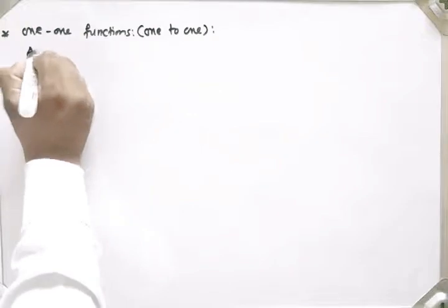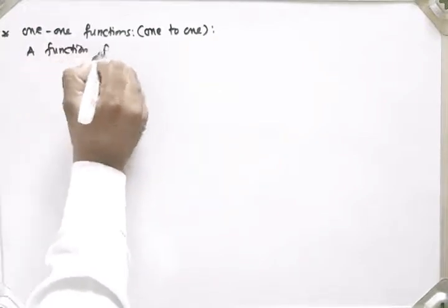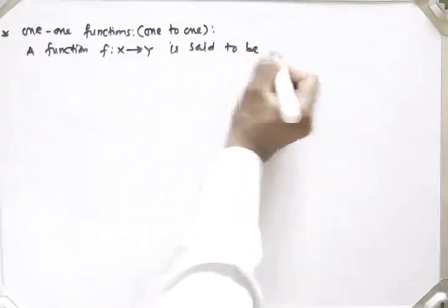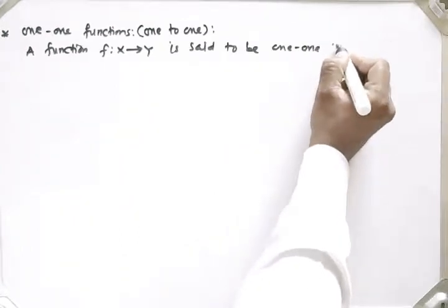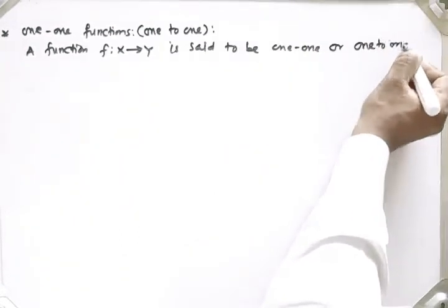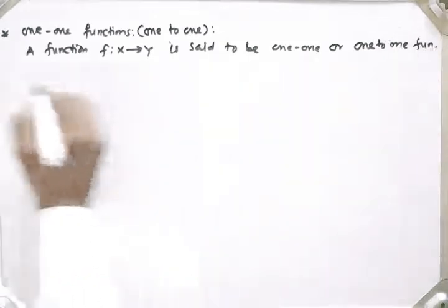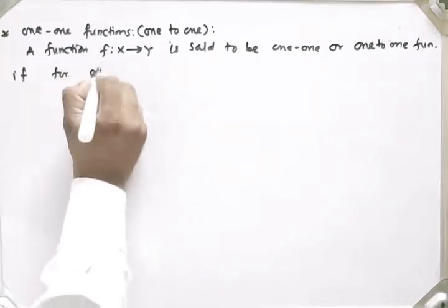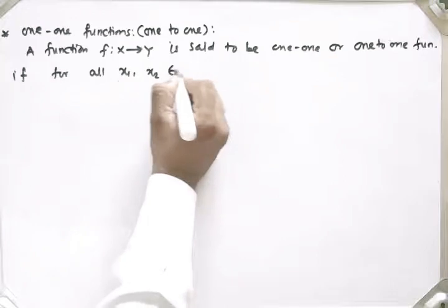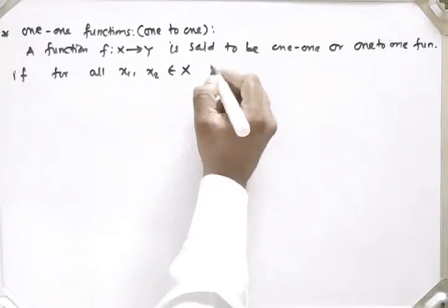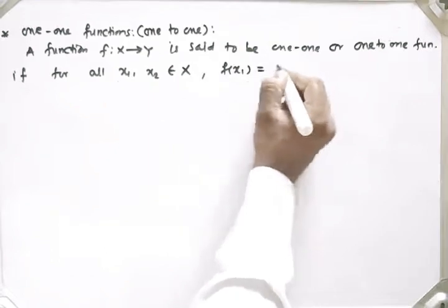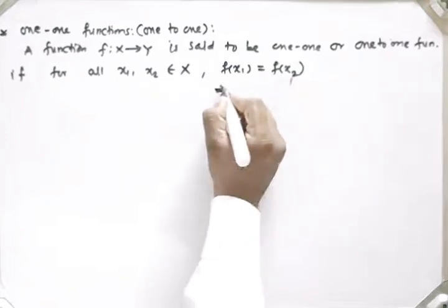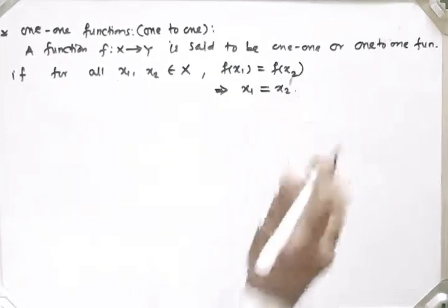A function f from x to y is said to be 1-1 or one to one function if for all x1, x2 belongs to domain x, and f of x1 is equal to f of x2, then x1 must be the same as x2.